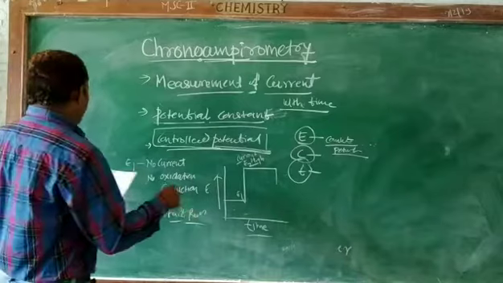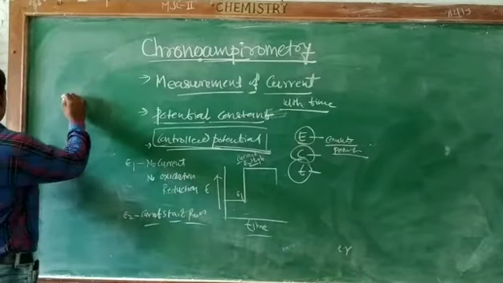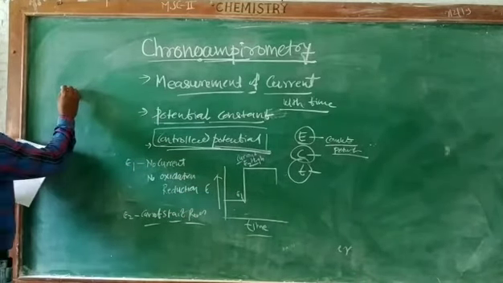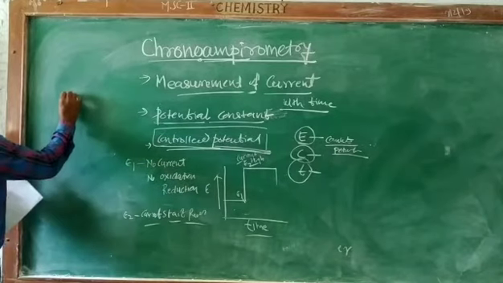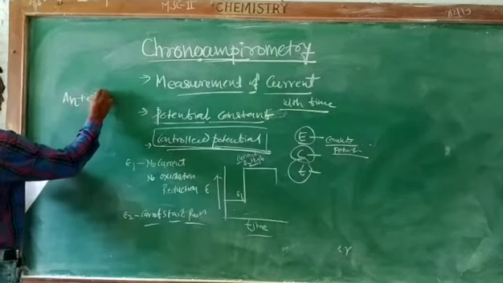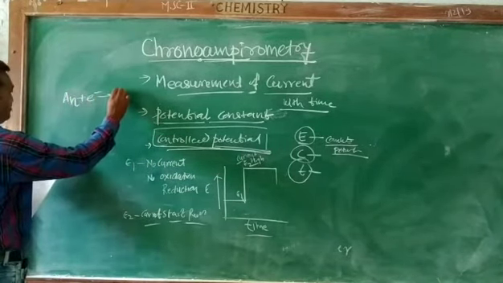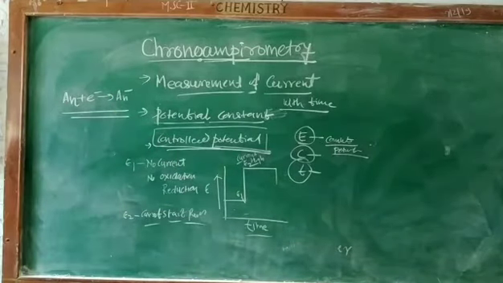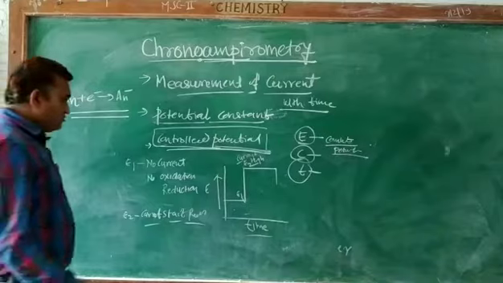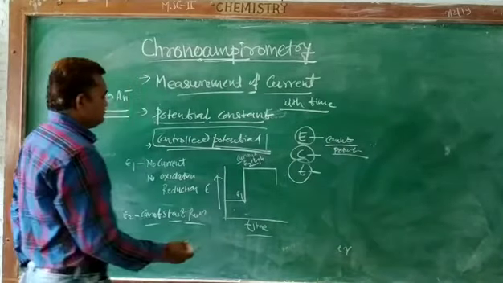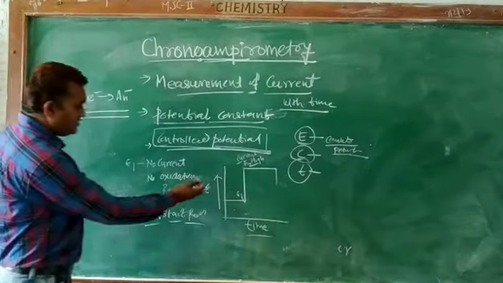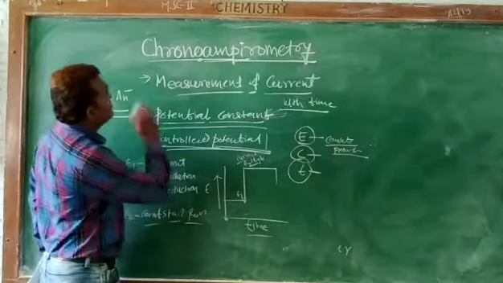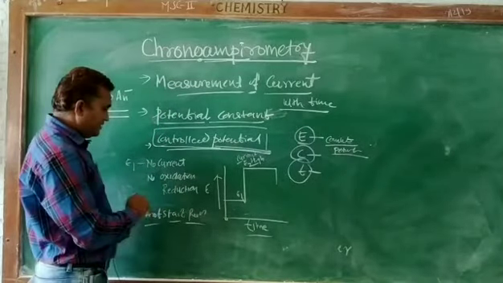So for example, when anthracene is reduced, here is the graph of the chronoamperometry technique.